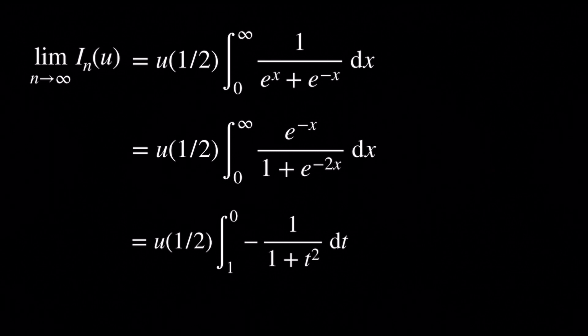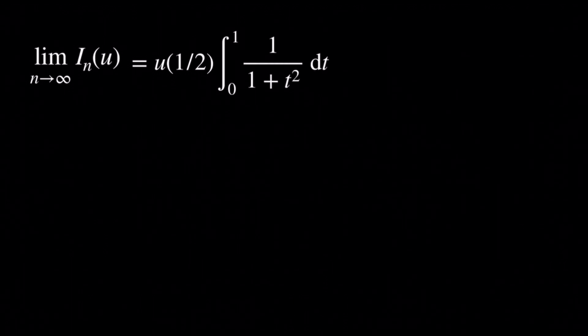Now we can change the order of integration. The upper limit becomes the lower limit and vice versa. That's going to bring out a minus sign, which is going to cancel out with the minus sign in front of the integrand. So the limit is equal to u(1/2) times the integral from 0 to 1 of 1 over 1 + t^2 dt.